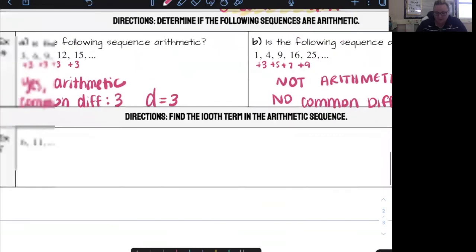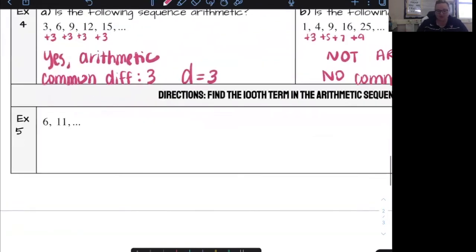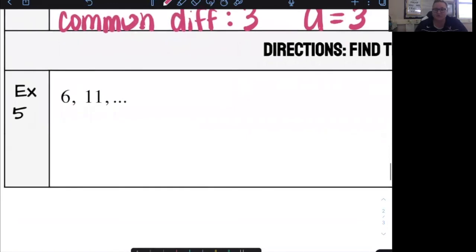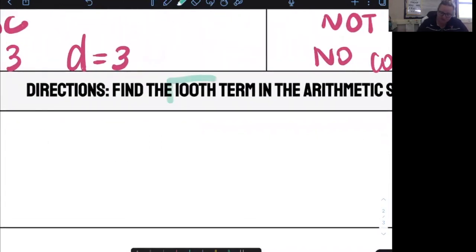All right. Now we're going to find the 100th term in this arithmetic sequence. We're only given the first two terms, 6 and 11, and then it continues from there. But we need to be able to find the 100th term. So am I going to use an explicit or a recursive formula?